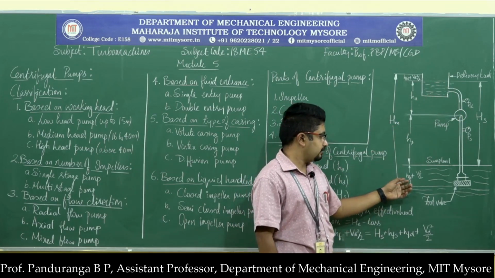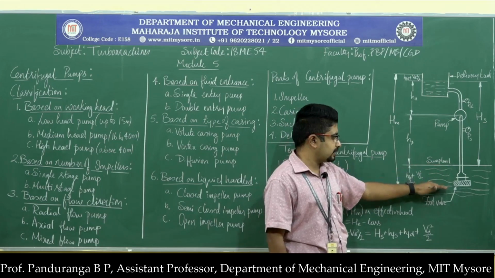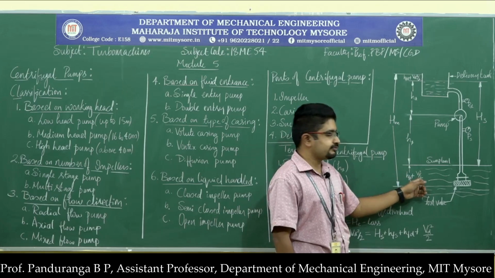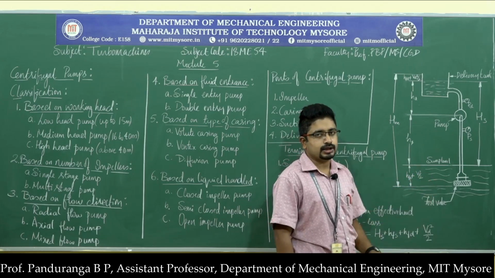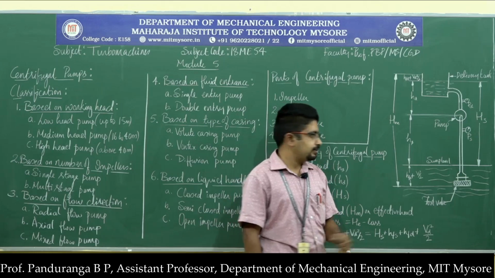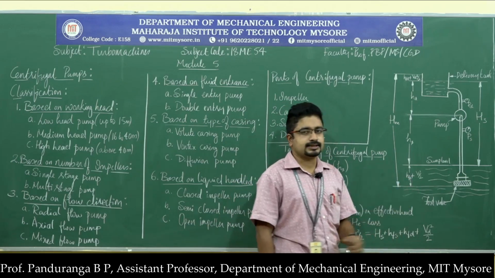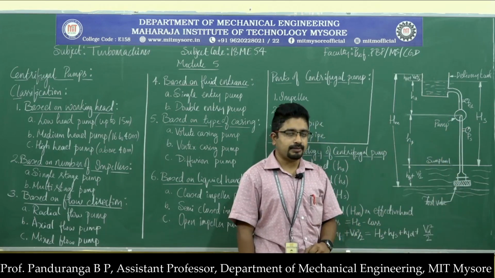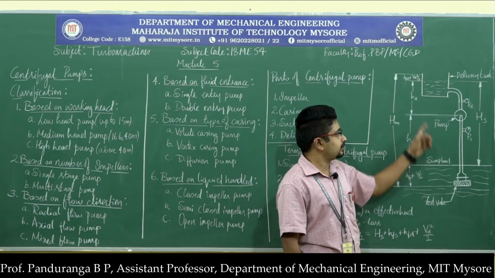From the sump level to the foot valve level, we have HFS plus Vs square by 2g. Vs is the velocity of the water in the suction pipe, and HFS is the frictional losses that occur in the suction pipe. So these are the different terms.